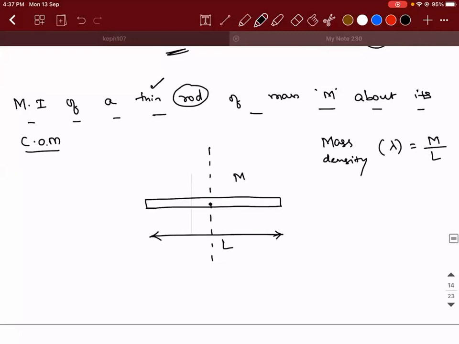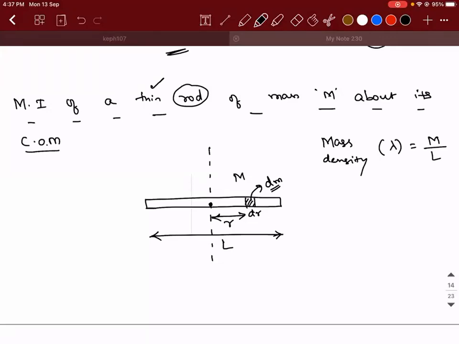Correct? Then from the axis of rotation, at a distance r, where r is a variable, take an element of thickness dr and mass dm.